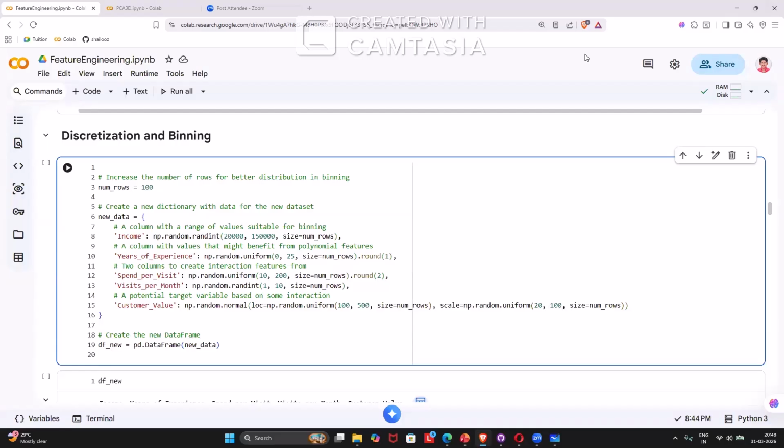So the discretization and binning is again, see, suppose we are having a continuous value, any value between 0 to 100. But we have to make it categorical. I'm repeating. Suppose you have a value between 0 to 100, any continuous value, maybe percentage marks or any other scale value.